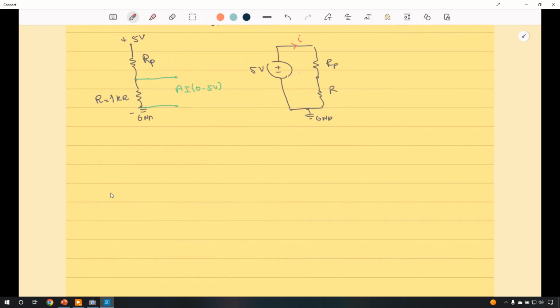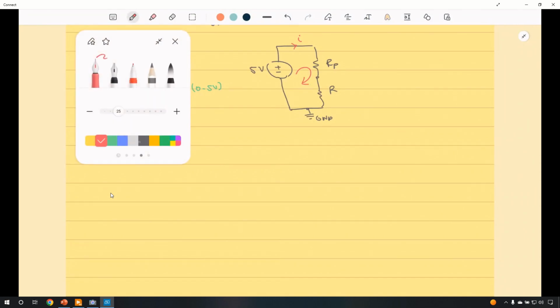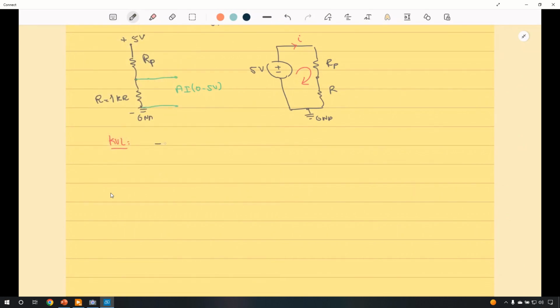Now what we can use is KVL, or Kirchhoff's voltage law. And what we can write is that we have minus 5 volts, and let's call this one Vs, minus Vs, because we're jumping from minus to plus, plus the voltage across Rp, which is from Ohm's law, Rp times I, plus, according also to Ohm's law, the voltage across the resistor R, which is the resistance R times I, is equal to 0.